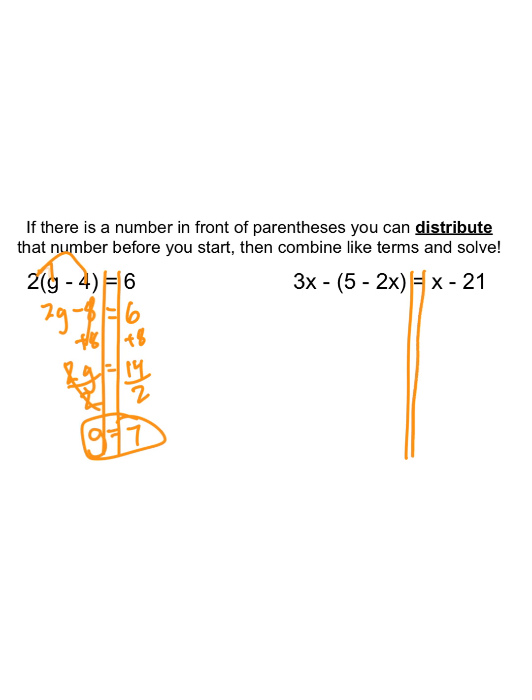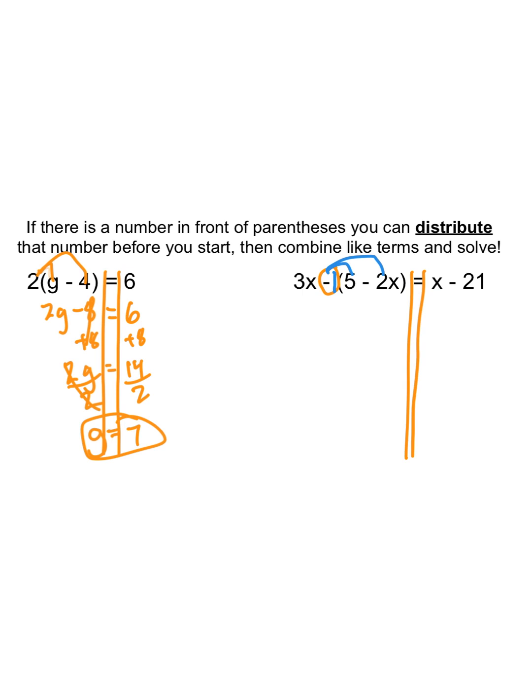Do you notice that there's parentheses, but there's no number here? So if this were a plus, I could just get rid of those parentheses because it wouldn't mean anything. But since it's not, we want to look at that minus and apply a pretend little 1 there. If this were a minus 1, I could distribute that to each thing inside.